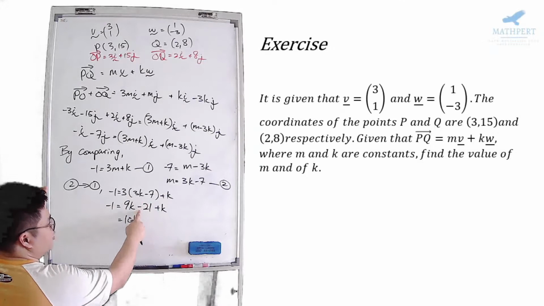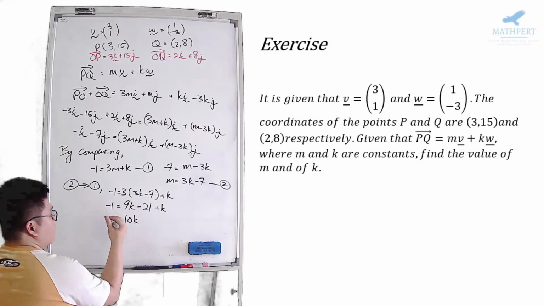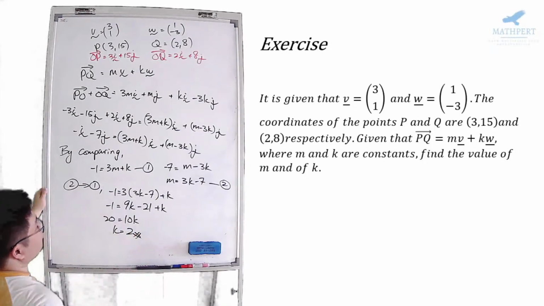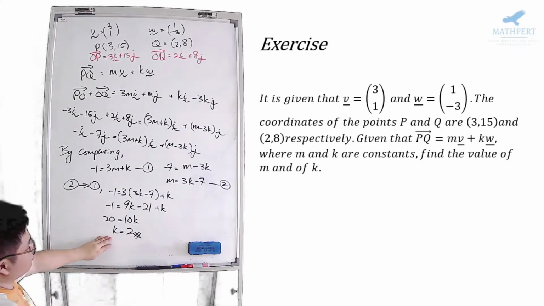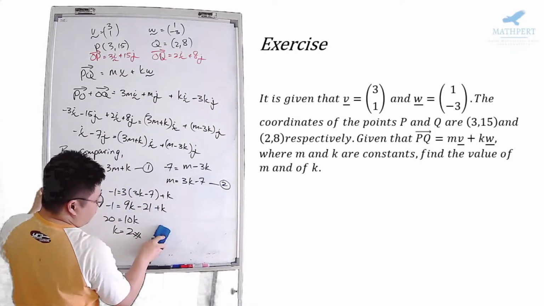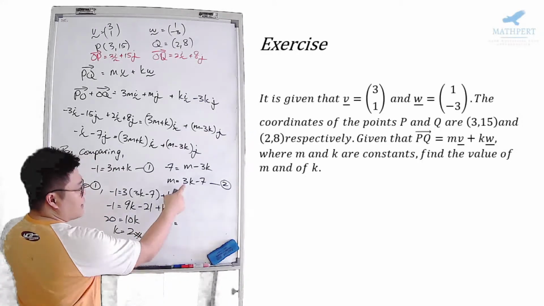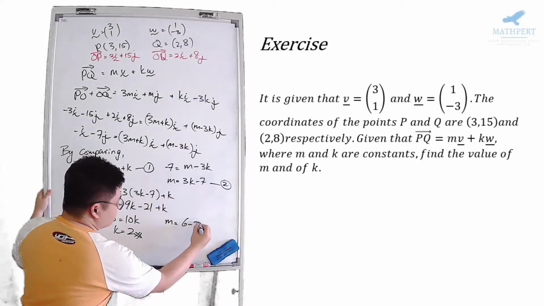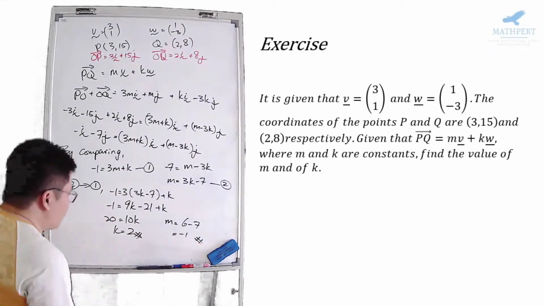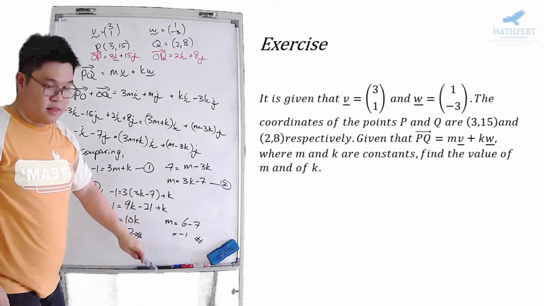Negative 21 move to here, becomes plus 21. 21 minus 1, I get 20. So K is equal to 2. Okay, when K is equal to 2, I substitute K into here. Then my M will be equal to 2 multiplied by 3, I get 6. 6 minus 7, I get minus 1. Okay, the value of K is 2 and the value of M is negative 1.